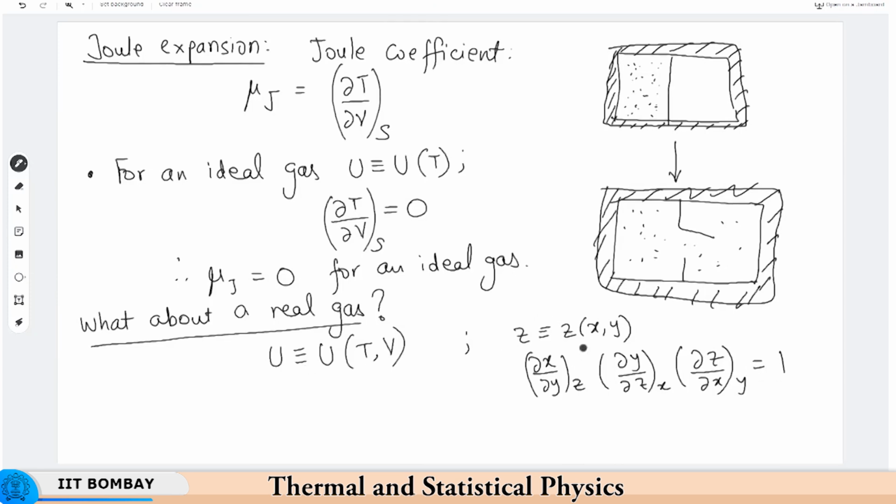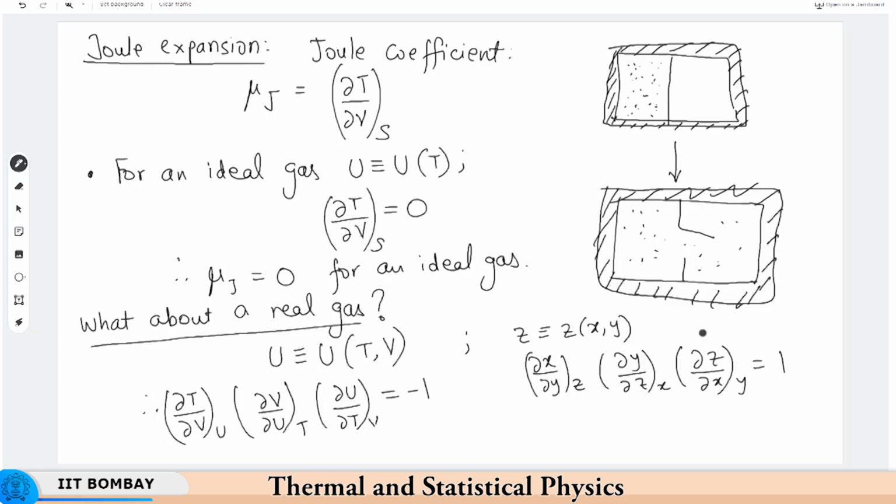So, I want you to apply the same formula here, and so this is the reciprocity theorem. So, therefore, we can write del T by del V at constant u times del V by del u at constant T times del u by del T at constant V, and this is -1, right.